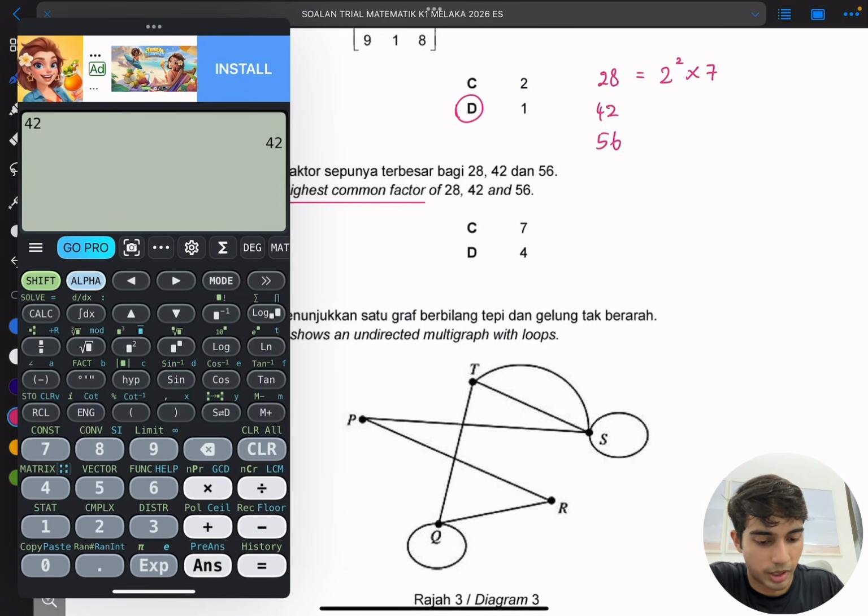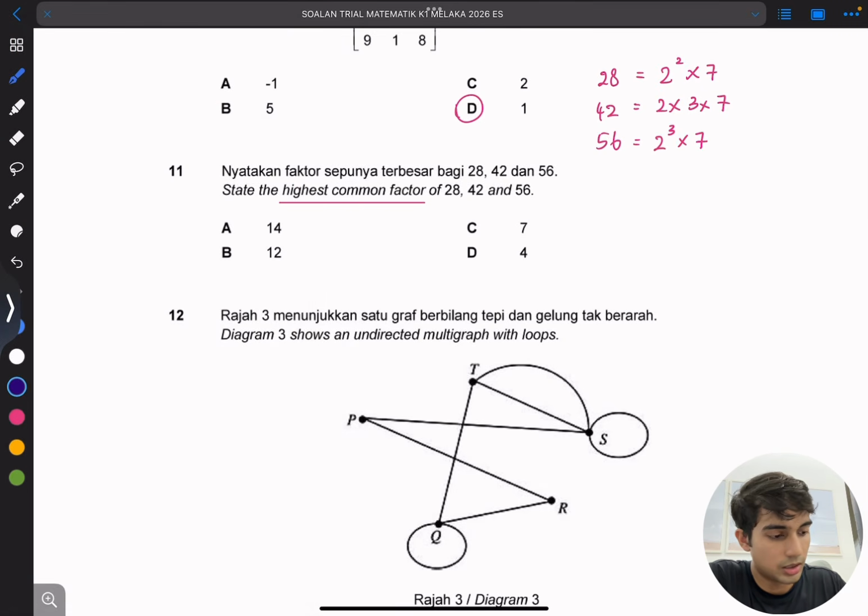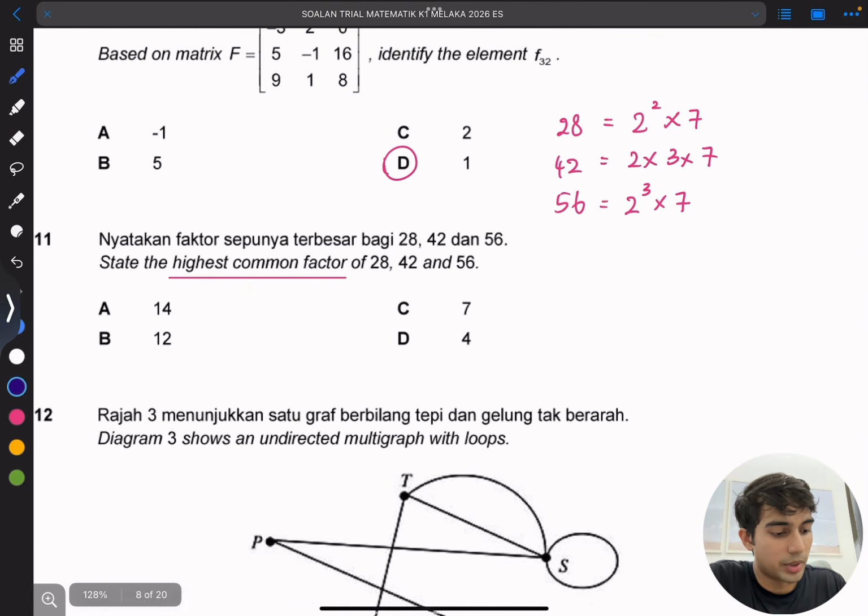42, you press equals first and then shift this button. 2, 3, 7. 56, shift this. 2 cubed times 7. So here you can identify what are the common numbers, because we want a common factor, right?